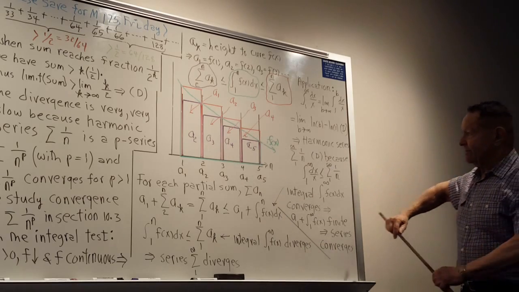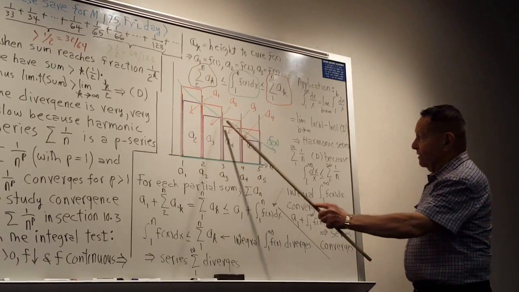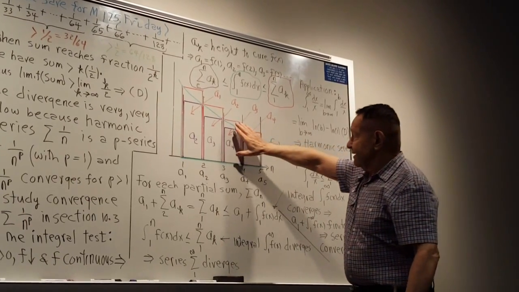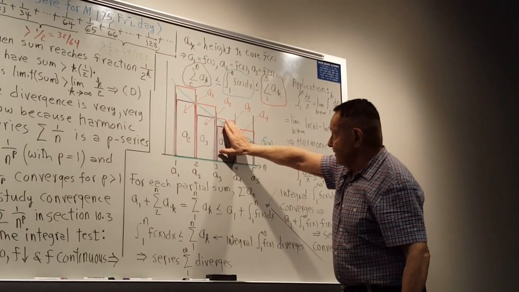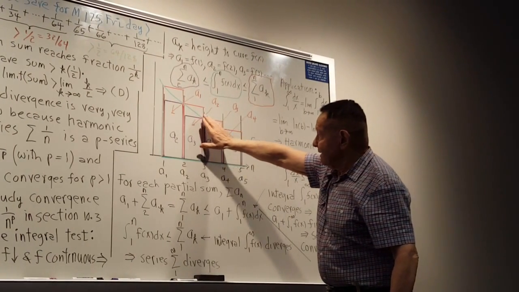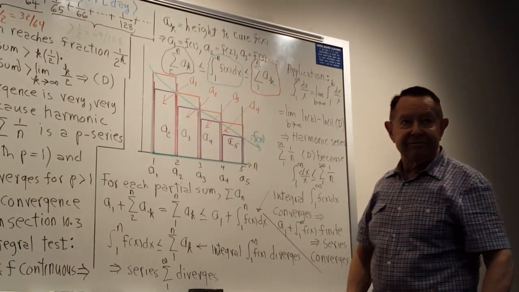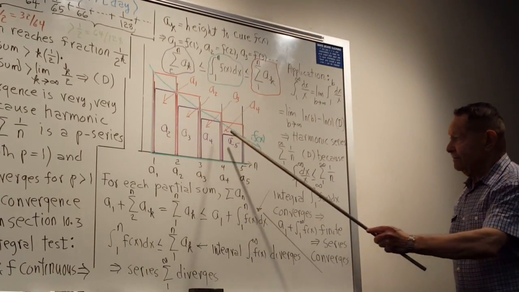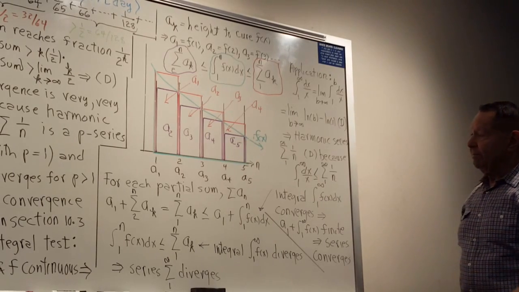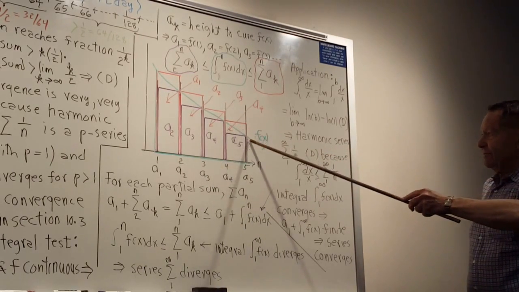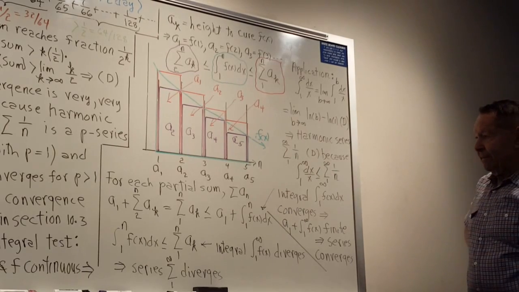And then in the same way, A3, which is the height here, is 2 things. It's the area of this red one off to the right, and it's the area of this purple one off to the left. And so on in the same way. And then your curve, you see, cuts kind of in between.